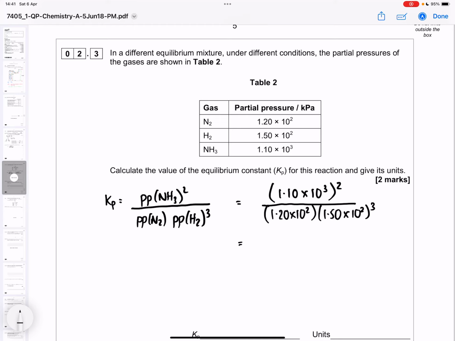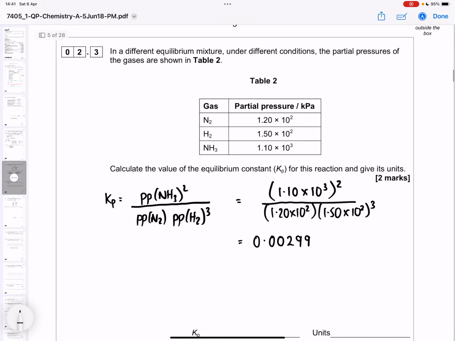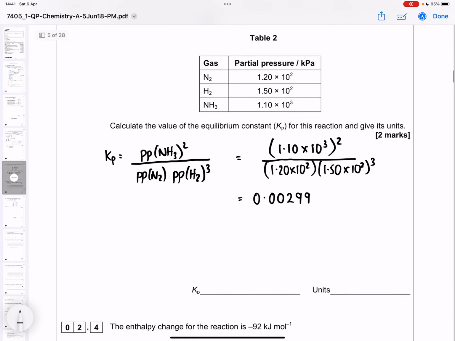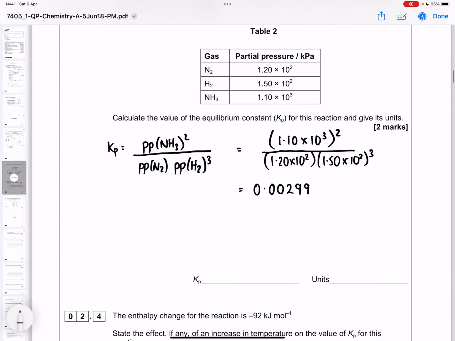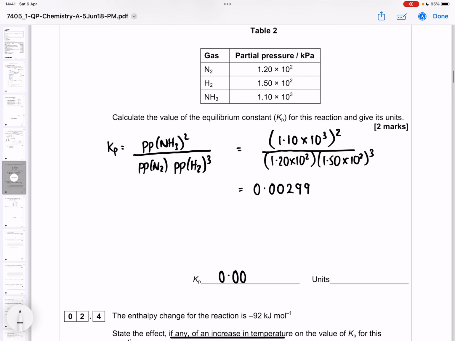And we've got 0.0029987, so I'm going to go 0.00299 to 3 significant figures. So they've given their numbers to 3 significant figures. So I'm going to write my Kp value in, 0.00299.